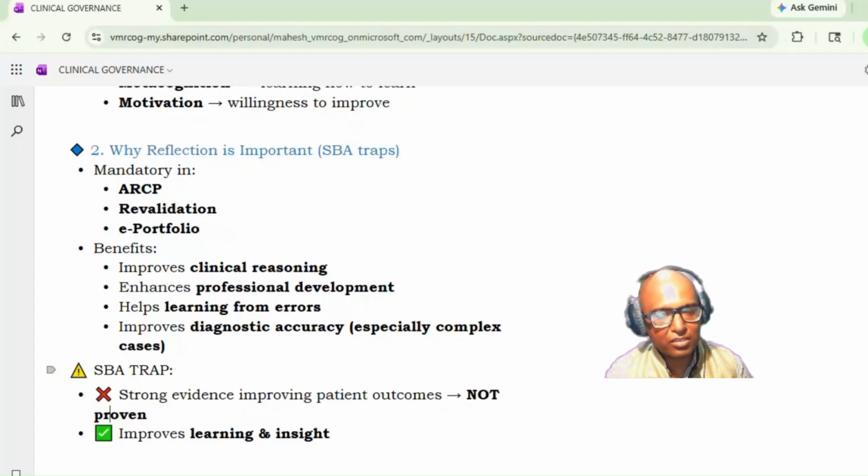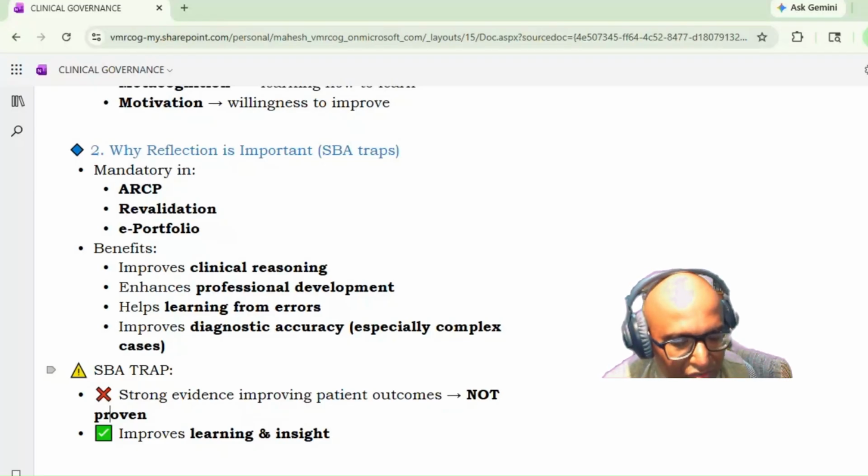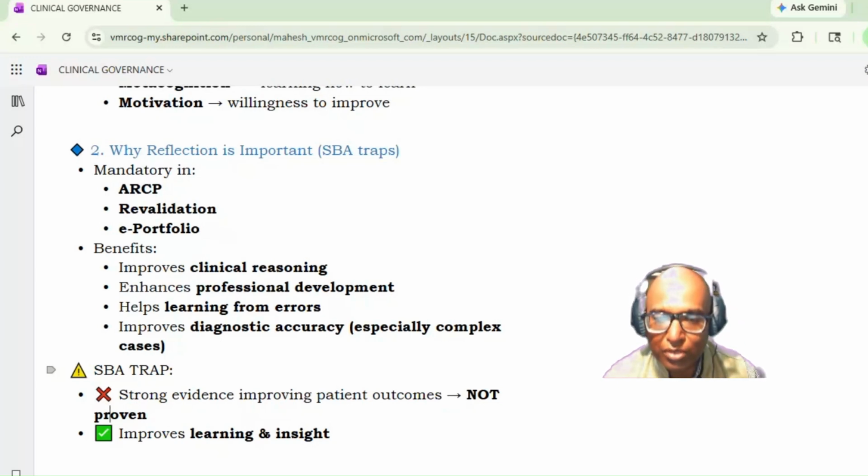Is there strong evidence of improved patient outcomes from reflective practice? There is no strong evidence. It is not proven that patient outcomes will be improved, but it improves learning and insight.